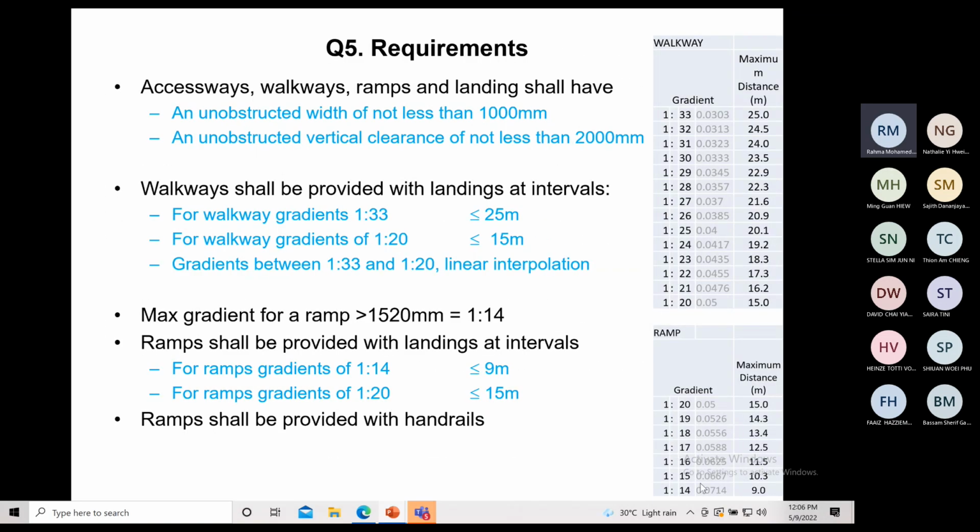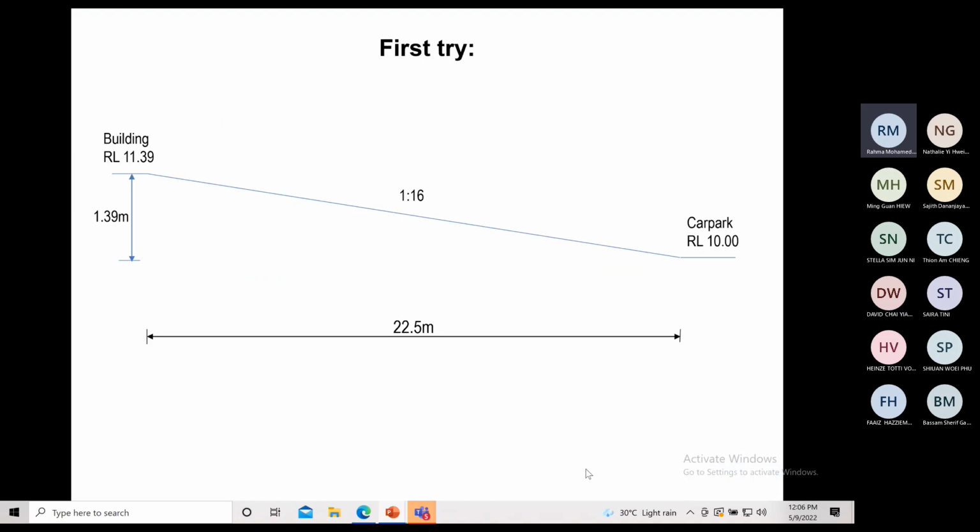If you want to use, for example, 1 to 15, for 1 to 15 the maximum distance should be 10.3. And when you calculate it there, you get 10.65. And for 1:14, the maximum distance has to be 9. So even if you want to use, for example, 1:14, you back calculate the horizontal distance.